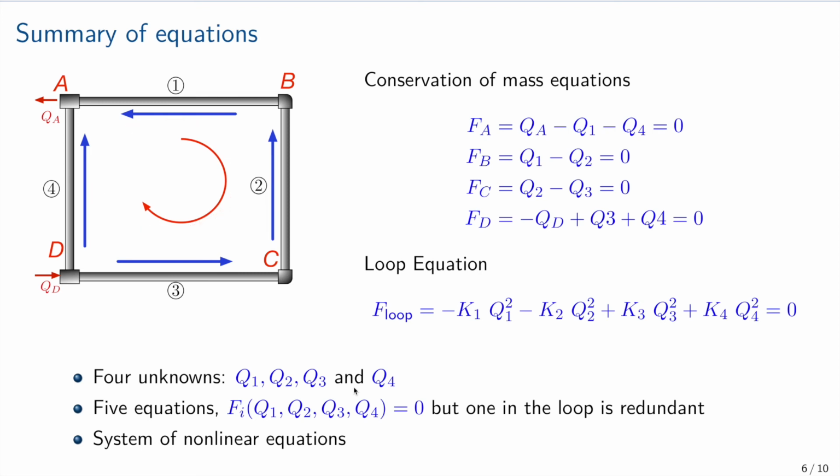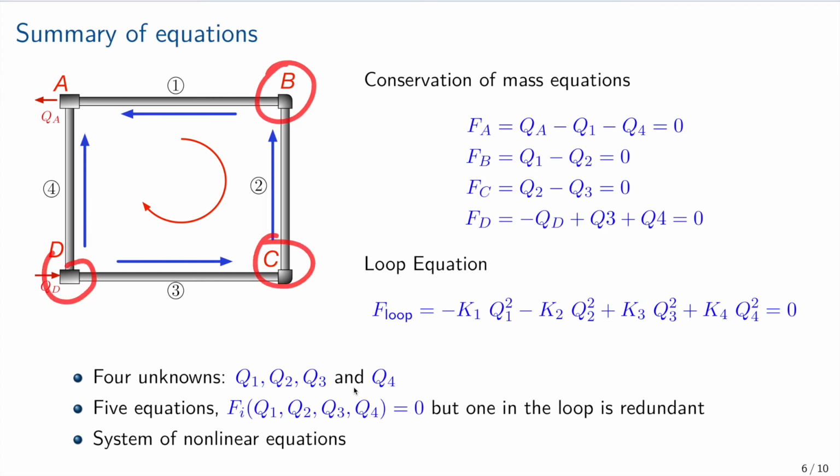The conservation of mass equations are written in terms of the directions that we assume for the flow. So for example, in this case A, we have Q4 and Q1 coming in, and coming out is Q_A. So Q_A minus Q1 minus Q4, and that should be equal to 0. And it's the same case for B, C, and D.